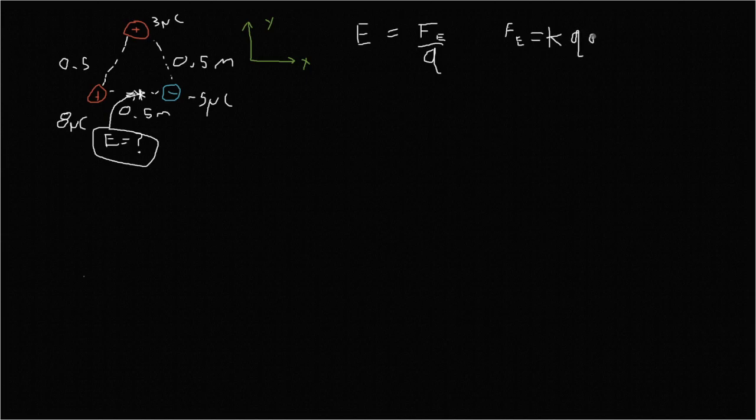So we can substitute this back in, and the electric field in a singular direction is going to be K Q over R squared.